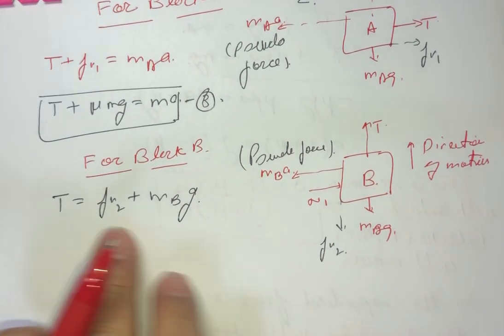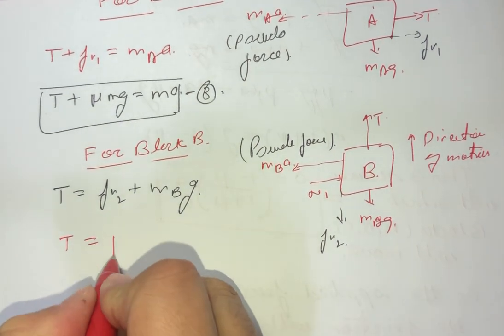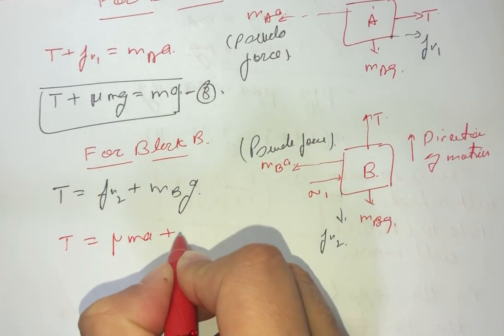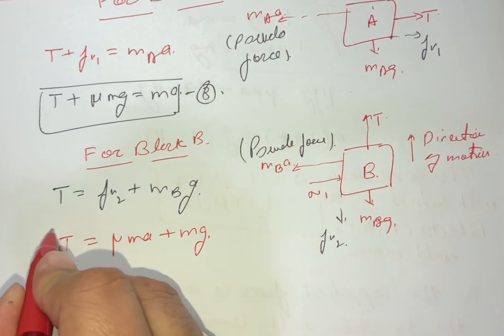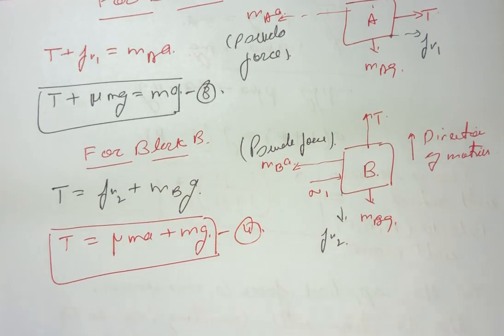We substitute the value of Fr2, where T is equal to mu MA plus MG. This is equation number 4.